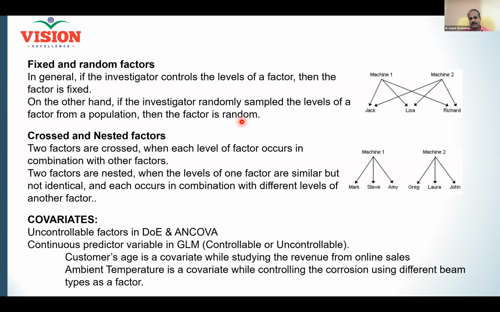But we are not able to control that. But it has an impact on the final outcome of the course, isn't it? So such factors, I should give a separate name. They are not just factors, they are covariates. You understand? They are covariates.